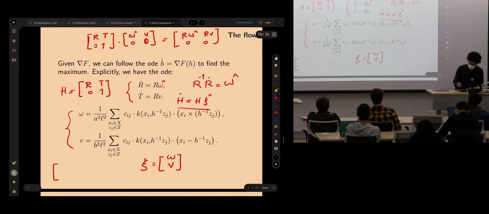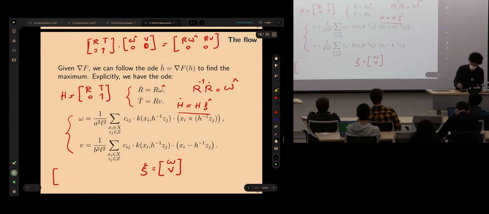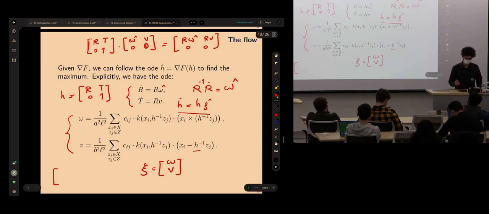I should actually use small h, which is exactly what we use here.